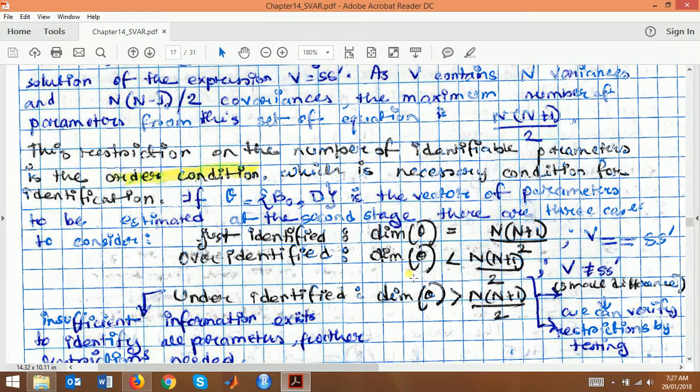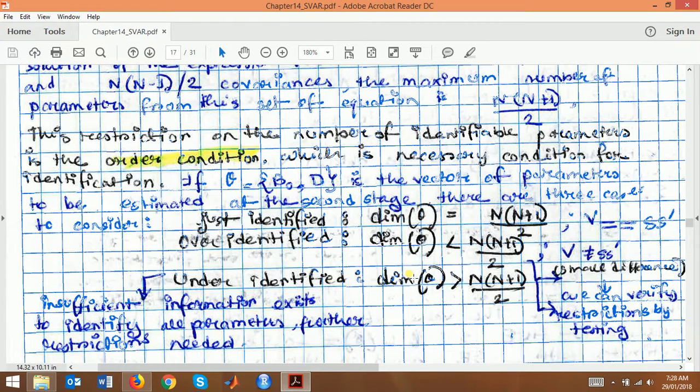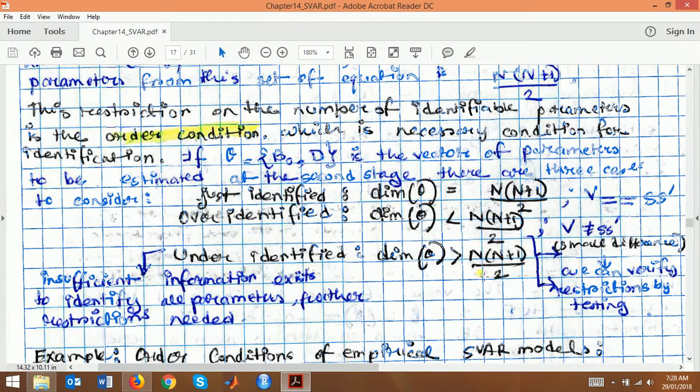So in a case of an over-identified system, we can verify the restrictions and there will be very small difference, we can still use it. But in case of an under-identified case, we have insufficient information to identify all parameters. We'll require more restrictions. So for the over-identified case, we might not need more restrictions. We can do testing to see if these restrictions will hold.